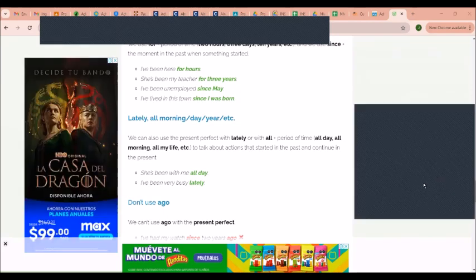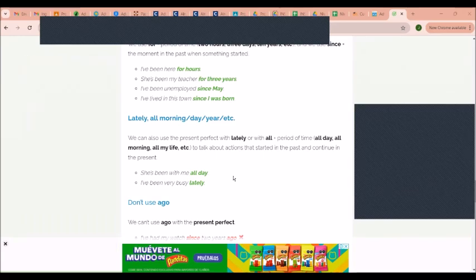And help me here. Kenya Isabel, lately. Yes, lately, all morning, day, year, etc. We can also use the present perfect with lately or with all plus period of time: all day, all morning, all my life.